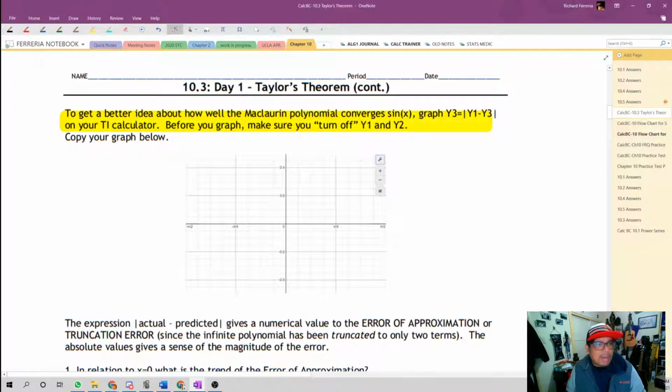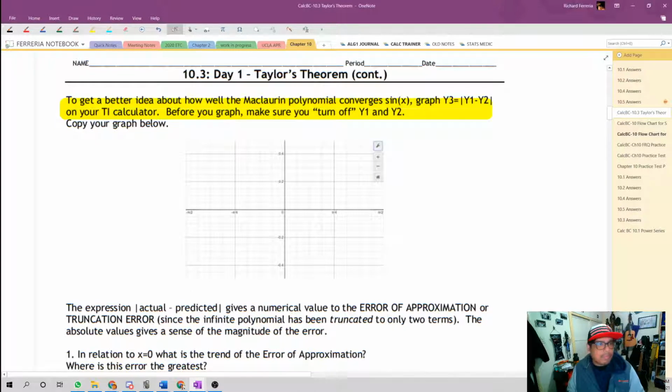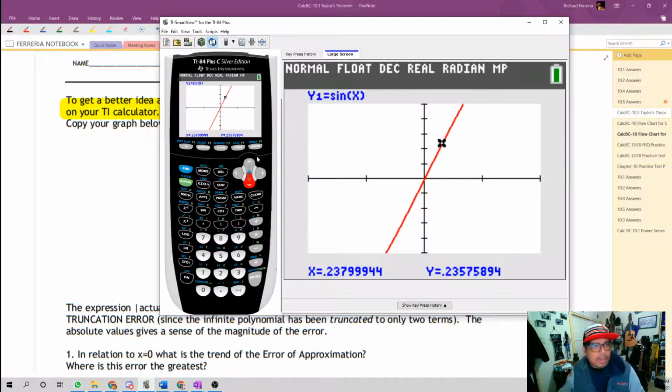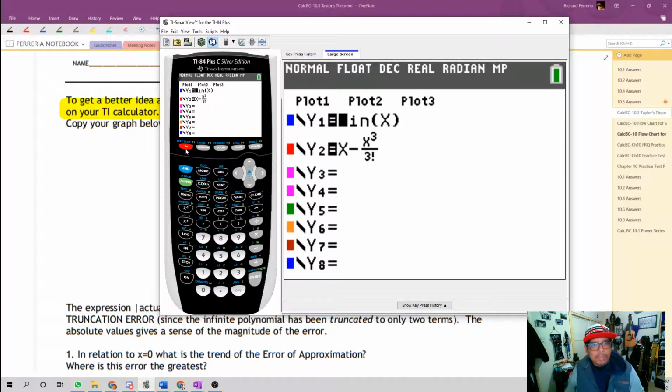Moving on down, to get a better idea about how well the Maclaurin polynomial converges to sine x, we're going to graph y3 equals the absolute value of y1 minus y2. Be sure that you turn off y1 and y2 and copy the graph below. Over on our calculator, we're going to go ahead and push the y equals button.